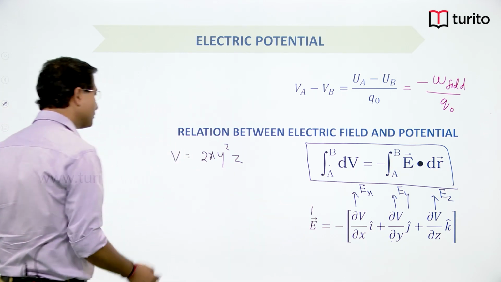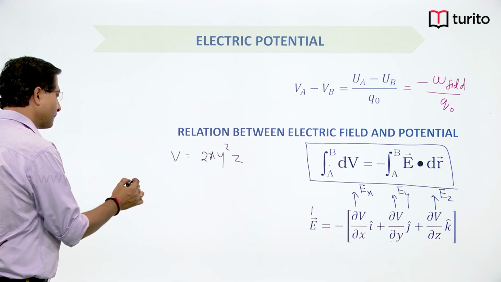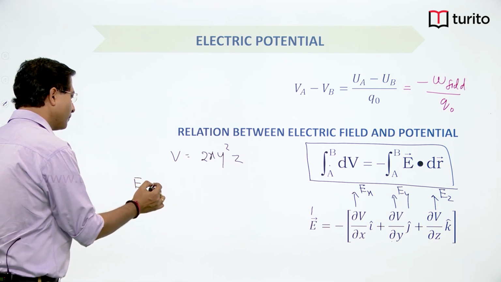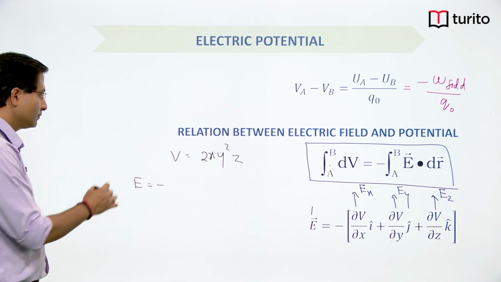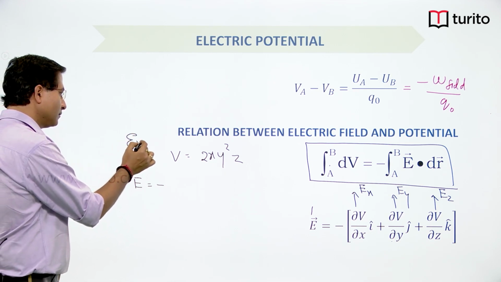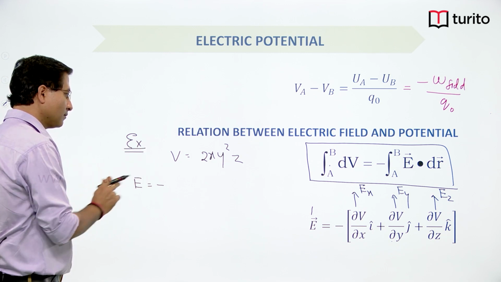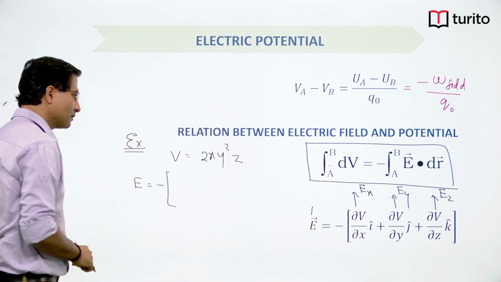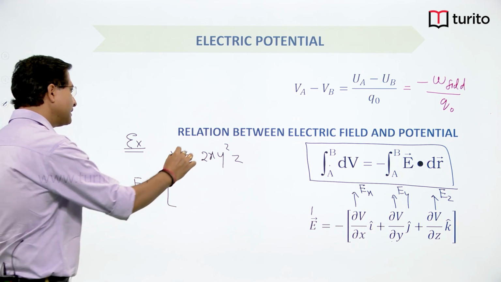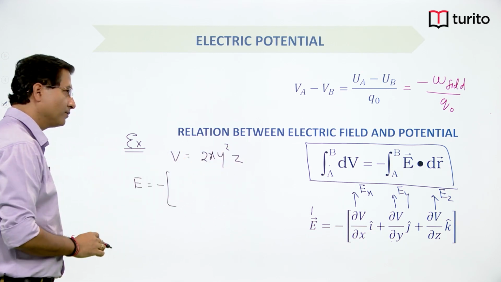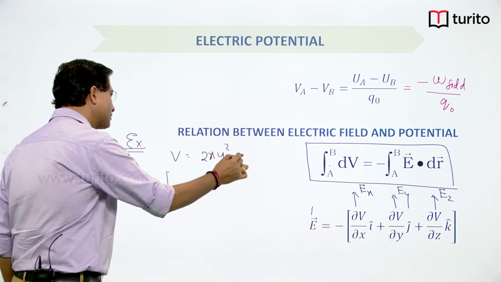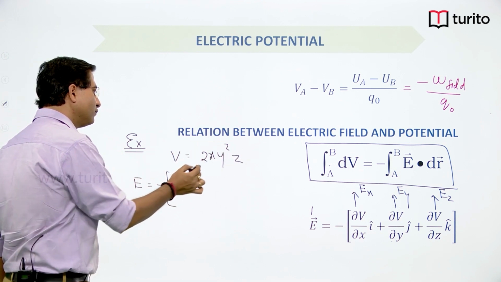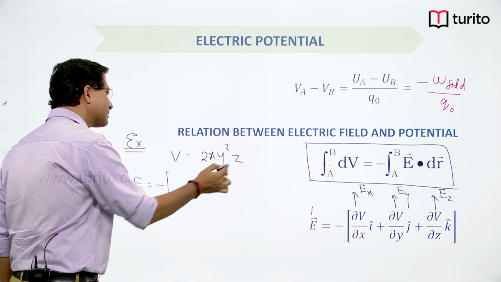To get the field in space, as I just told, E is equal to minus the gradient. Differentiate the whole expression with respect to x partially. When we differentiate the whole expression with respect to x partially, we have to assume the remaining terms constant.